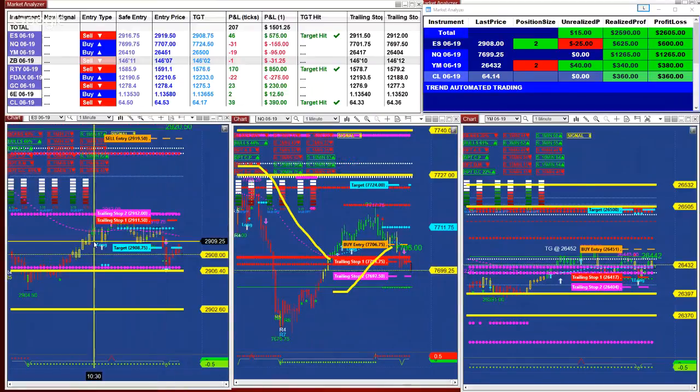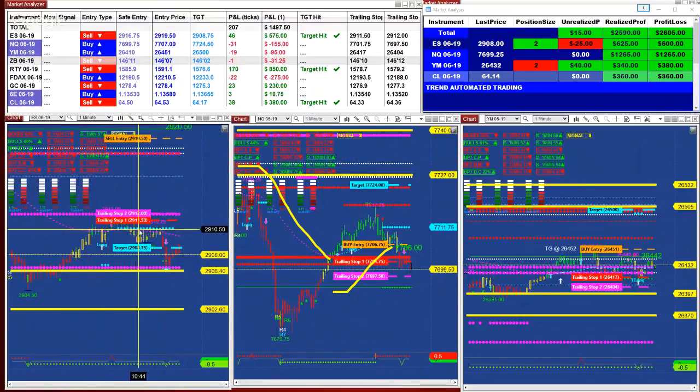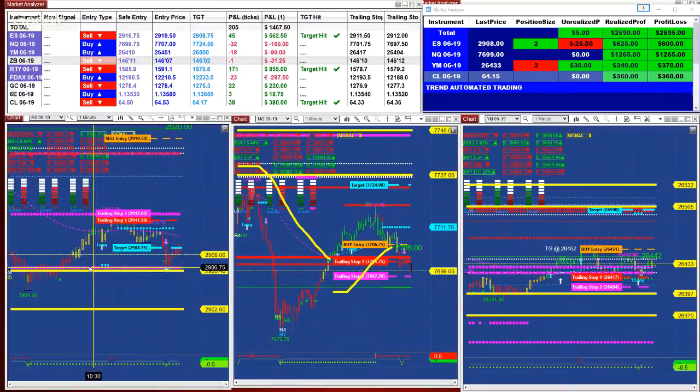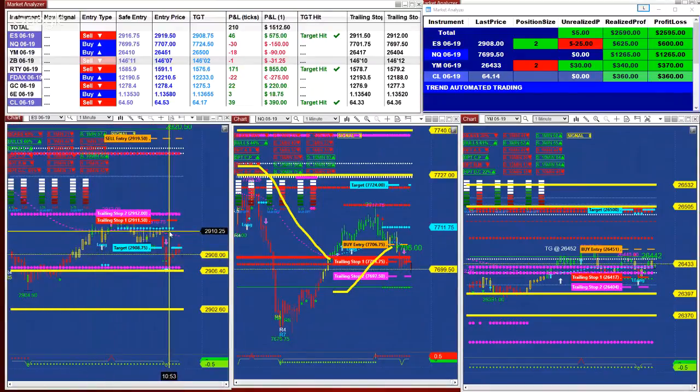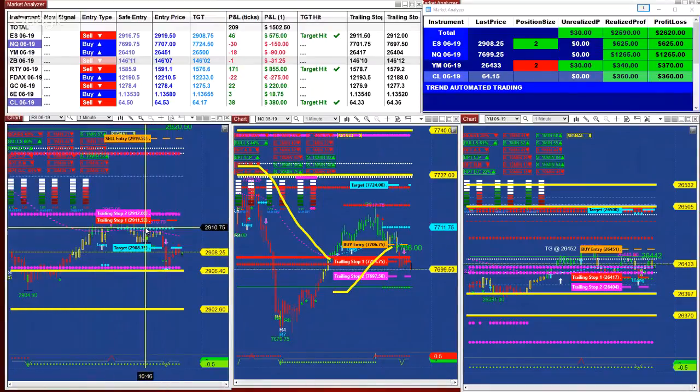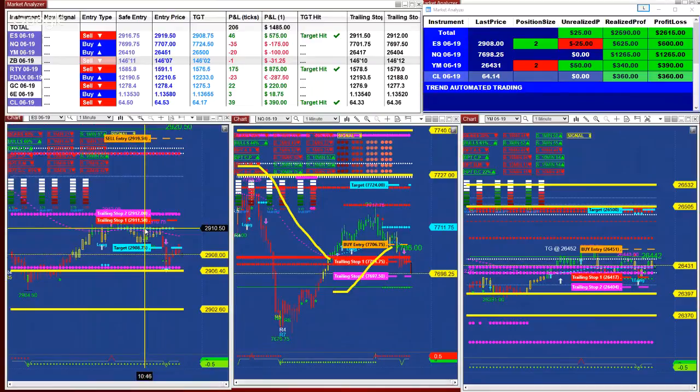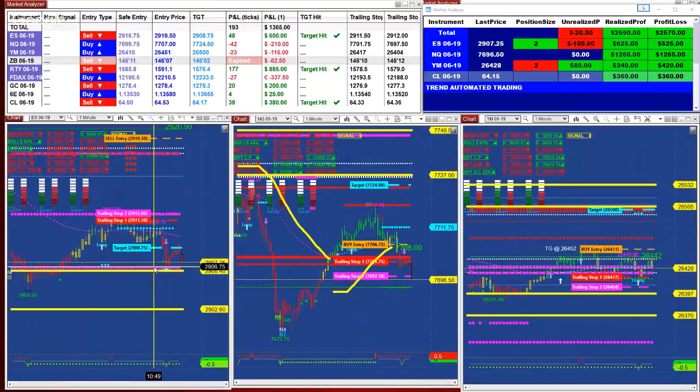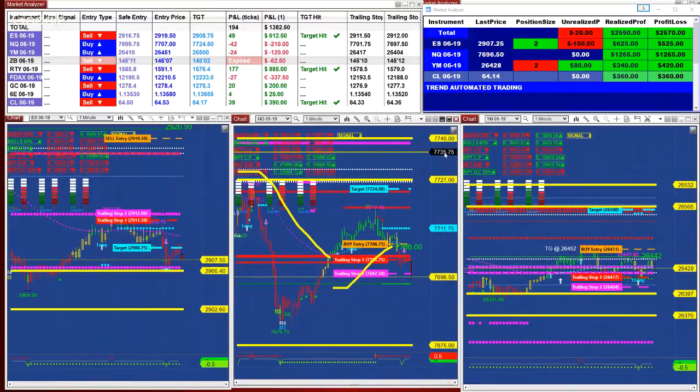So the market has got caught in the channel here, between the resistance and the support area, and now the ES is trying to find a new exit.